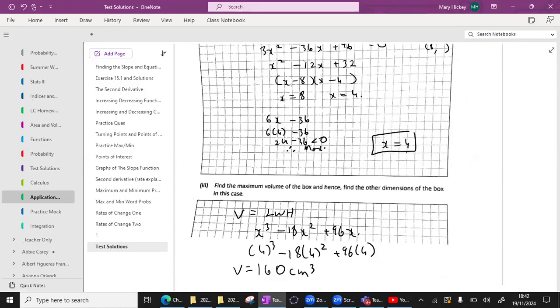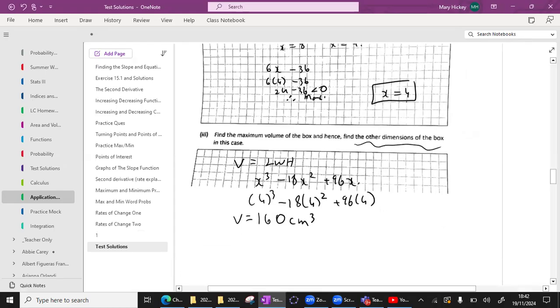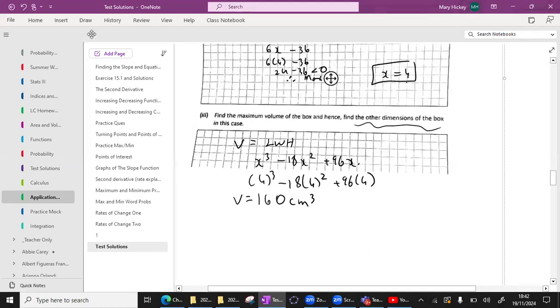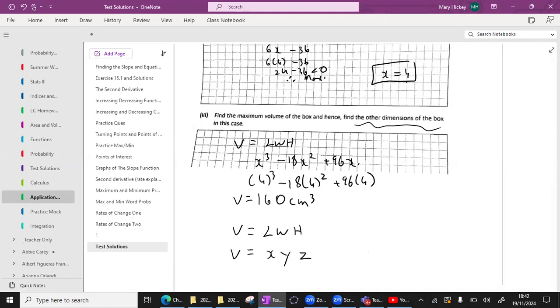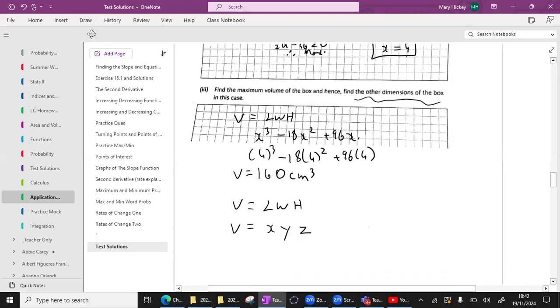Now, it does also ask you to find the other dimensions of the box. So our volume, again, is length by width by height. In our case, we call that x, y, z, or whichever order we used. We know now that x is 4. So how will I find my y and my z?